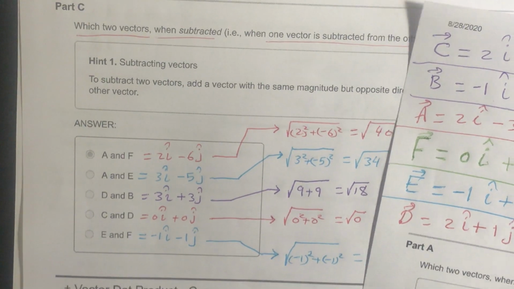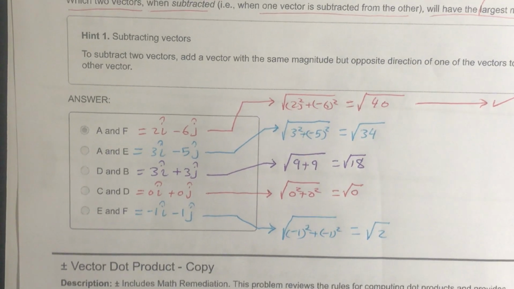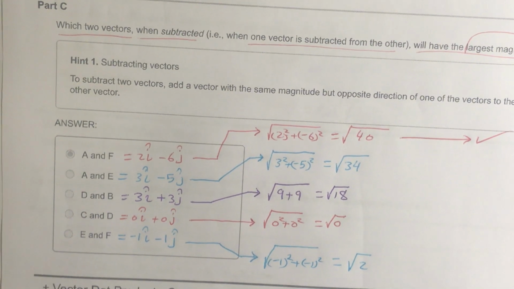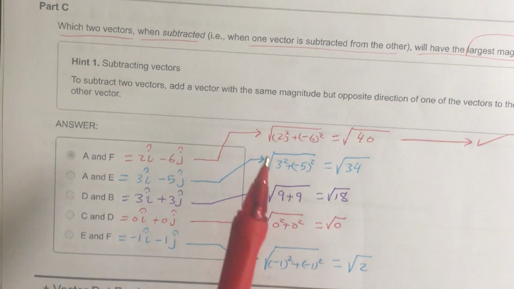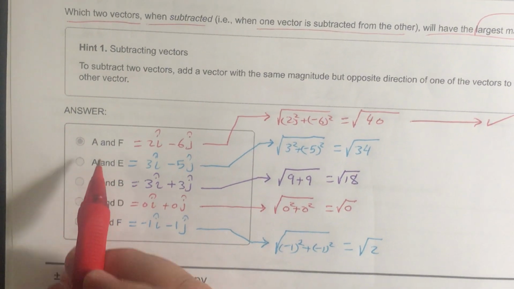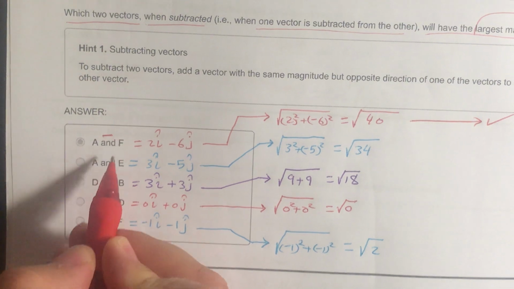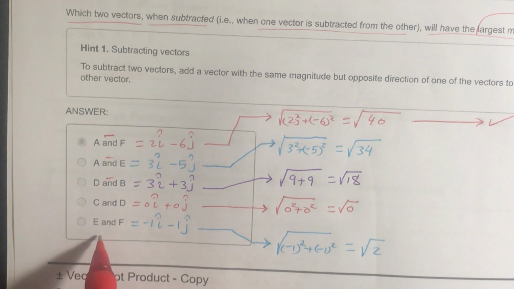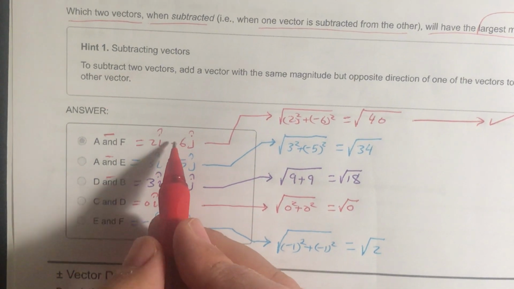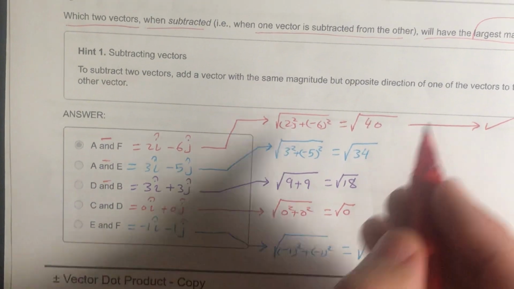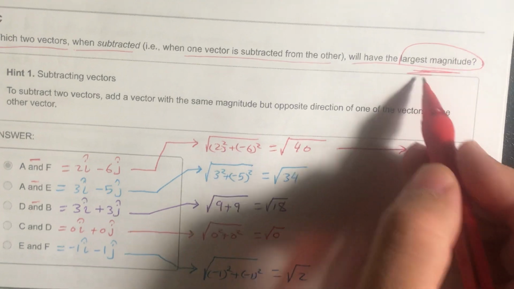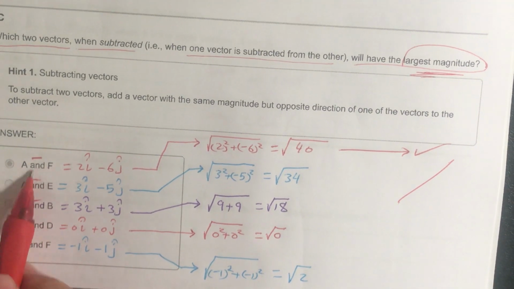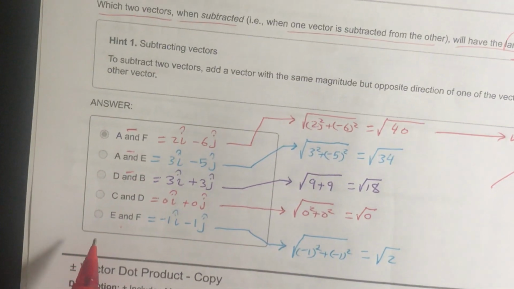Next, part C. When we subtract one vector from another, for example A minus F, A minus E, and so on, what is the largest magnitude, the largest length, of these operations?